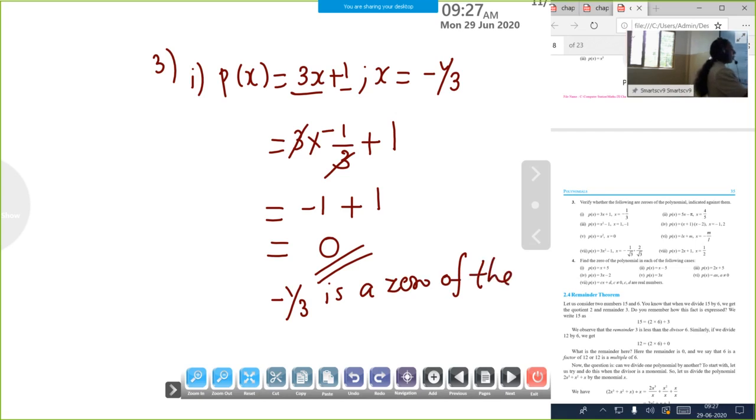Zero means solution of the polynomial. This way you write it. Your question is P of x is equal to 3x plus 1, x is equal to minus 1 by 3. Then next step, 3 into x, the value of x is minus 1 by 3 and the second term is plus 1. When you solve it, the answer we got is 0. It shows that minus 1 by 3 is a zero of the polynomial.